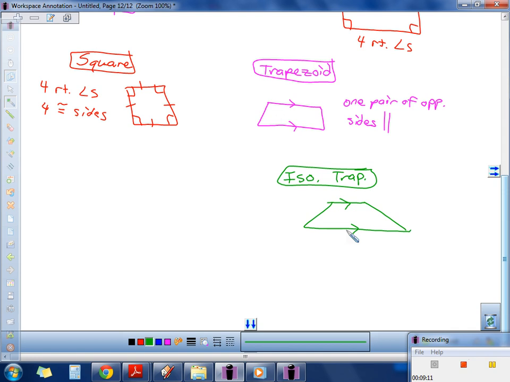Not only did it have one pair of opposite sides parallel, but it had what? 2 congruent legs. So legs are congruent.